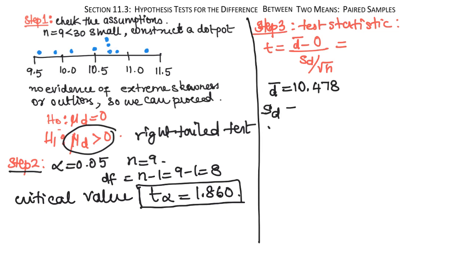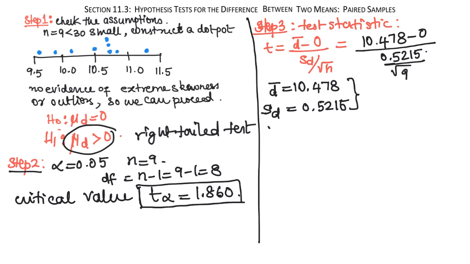This is the mean and standard deviation. So use those values, and square root of 9. So the test statistic is approximately equal to 60.28.